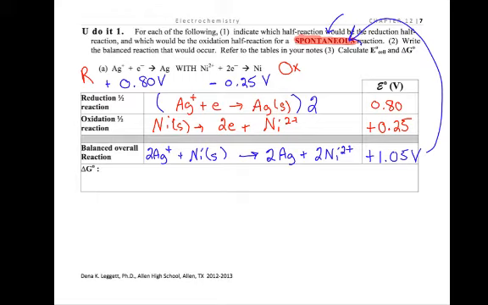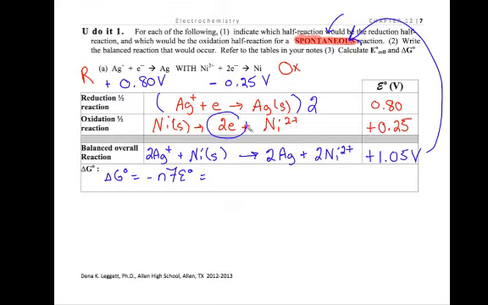If we were looking for spontaneous and you had a negative there, you know to go back and erase what you did because you blew it. Okay, now let's go ahead and calculate delta G0. So delta G0 is minus nFE naught.